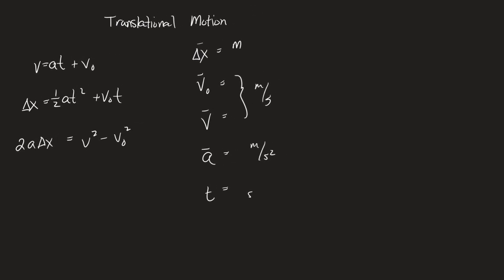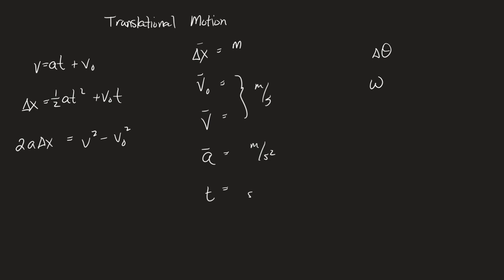As you can imagine from our conversation so far, for an object that is spinning, there are going to be a complementary set of variables for rotational motion. And they are going to look very similar. But instead of delta x, when an object is changing the direction it's facing, it moves through an angle. So we say delta theta. We already had an introduction to the symbol we use for angular speed.